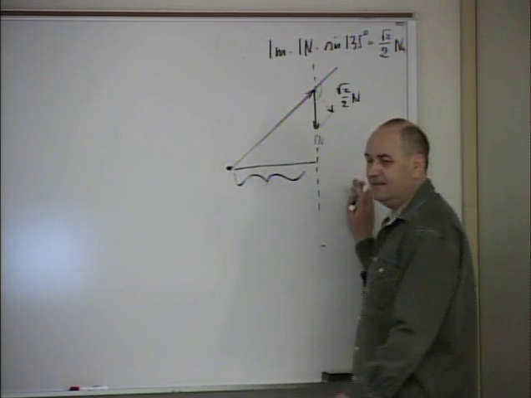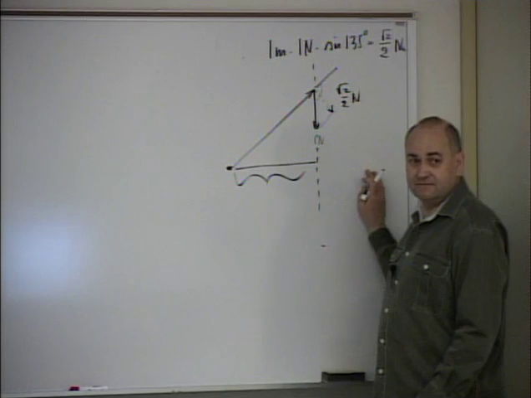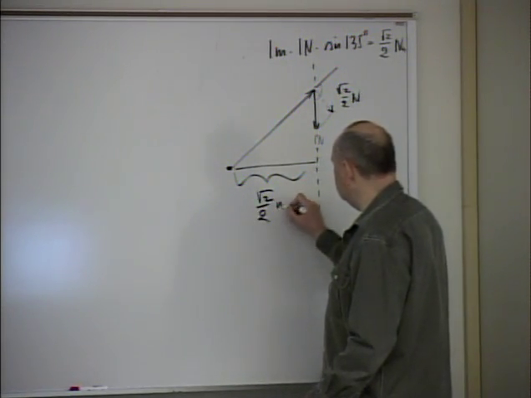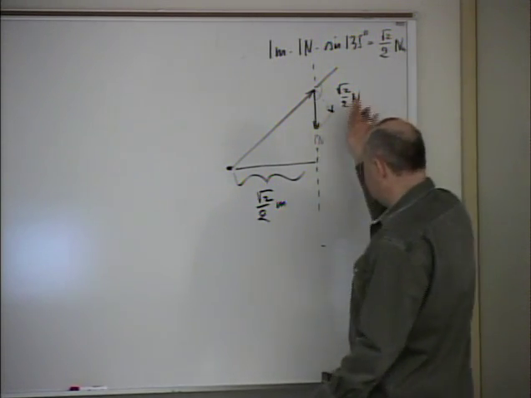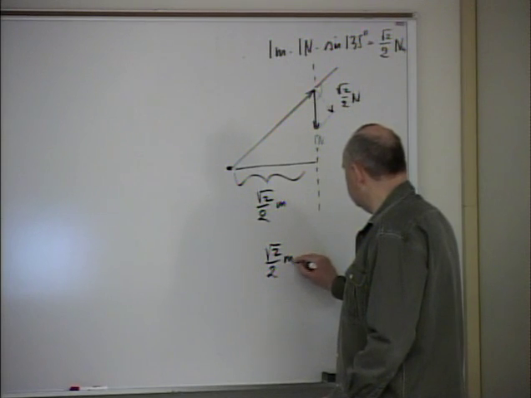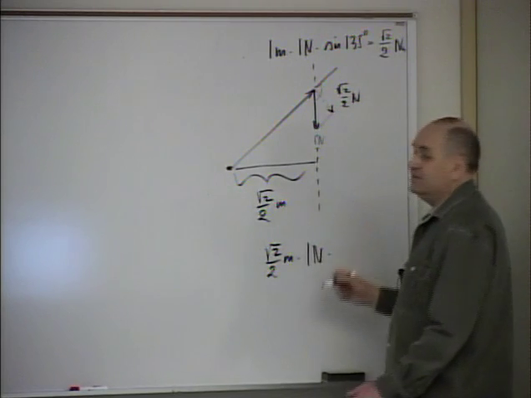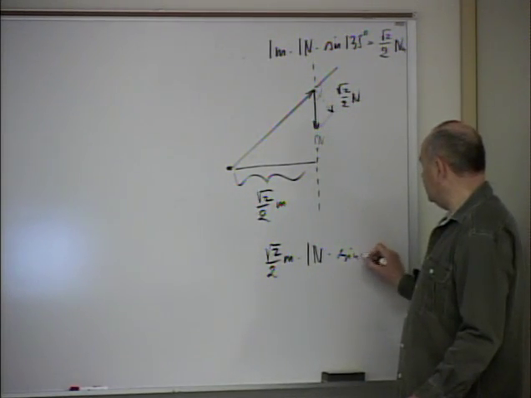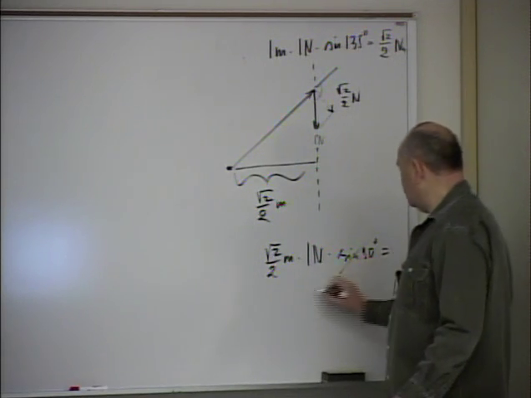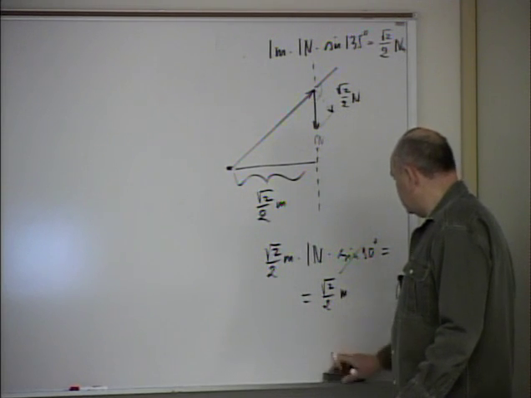Now, how long is that one, if this one is 1 meter? About 70 centimeters, square root of 2 over 2 meters. So this time I have square root of 2 over 2 meters times 1 Newton, and again it's sine of 90 degrees, which I usually don't bother with. So we get the torque is square root of 2 over 2 Newton meters.